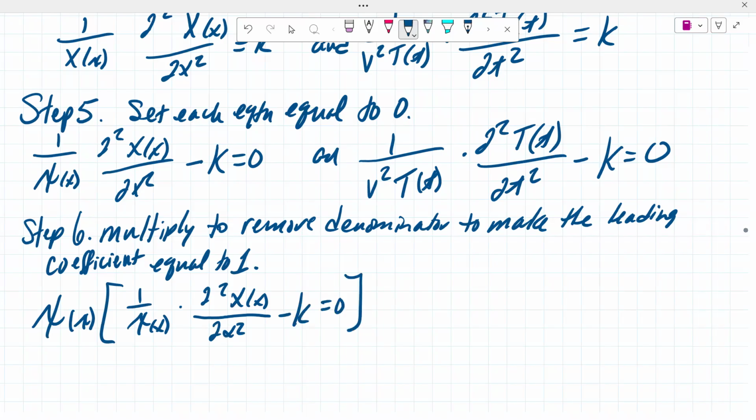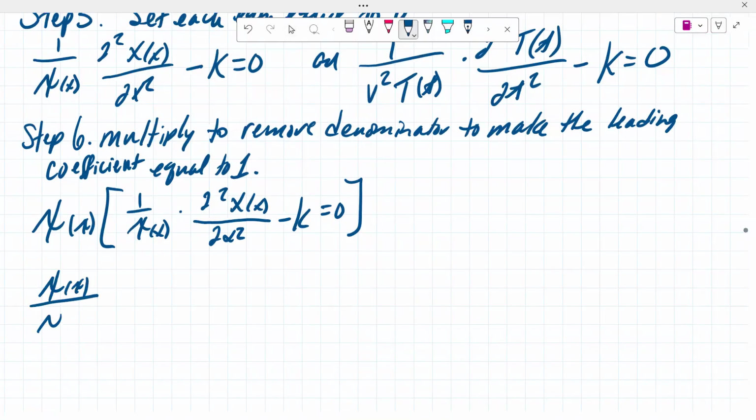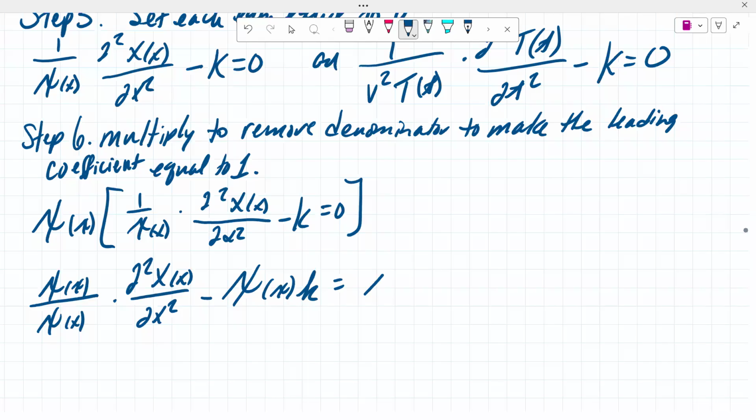Then we'll distribute over this. So now we're going to do X(x) over X(x) times d squared X(x) over dx squared minus, distributing it out, X(x) times k equals X(x) times 0.